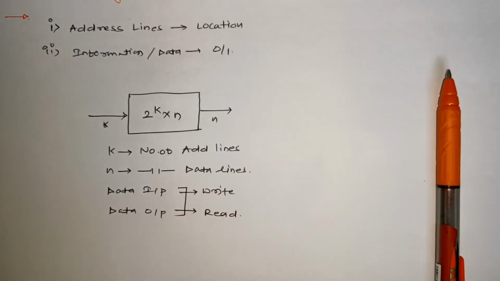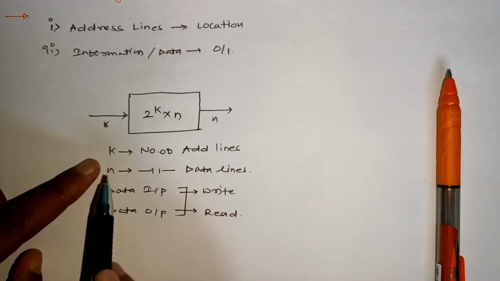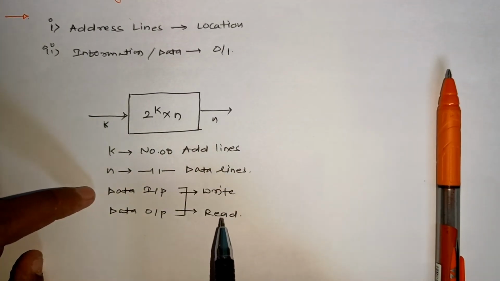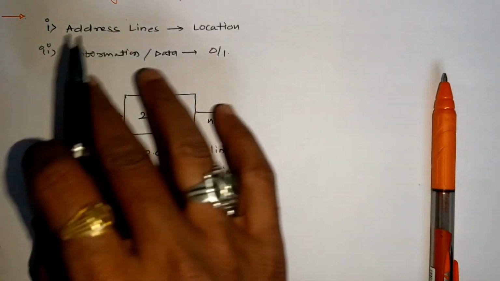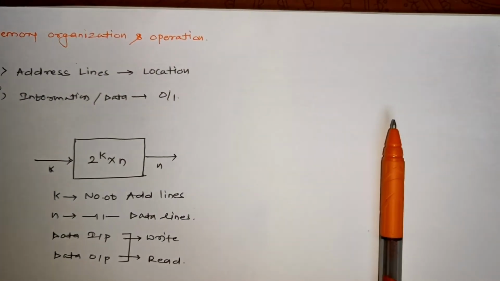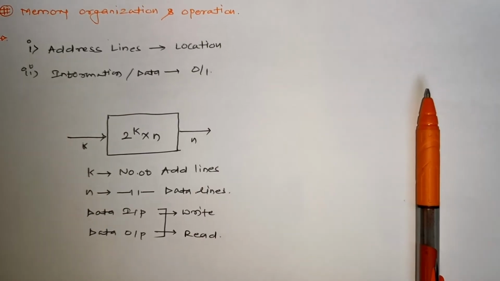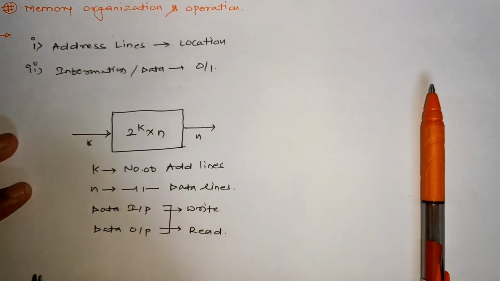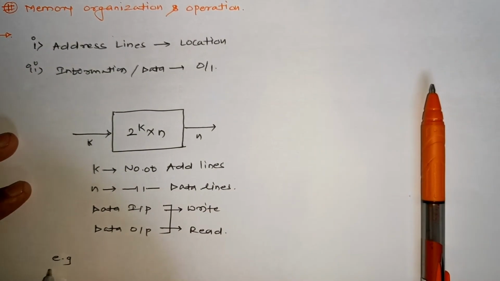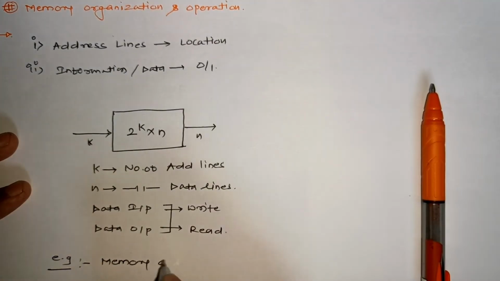ओके, सो ब्रॉडर कॉन्सेप्ट: address lines, data lines, write and read operation. So based on these elements we can fetch memory organization. For that case, let us assume that we have a memory element of size 32 by 4.